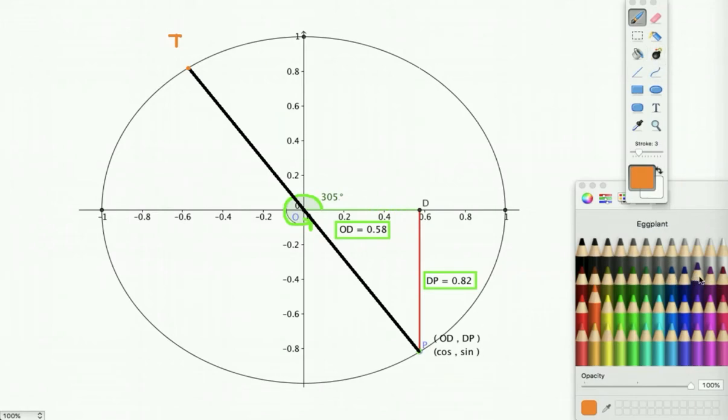So I need to find what is the angle from here to here. That is my angle that's associated with point T. And I know going from here until here, that's a straight line, so that is 180 degrees.